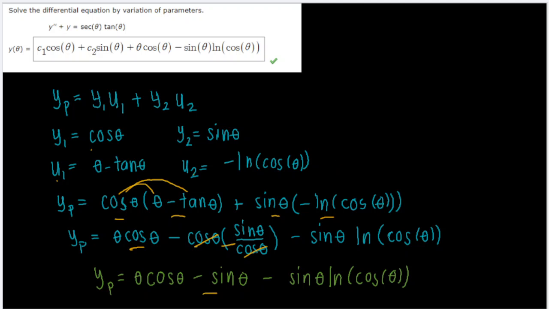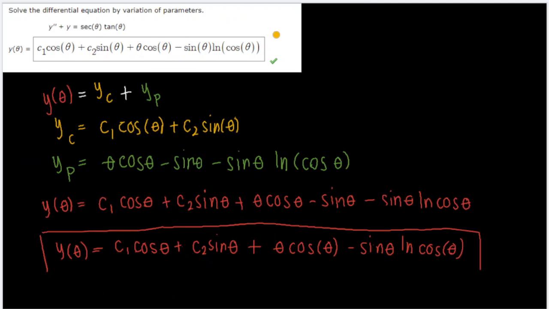Now we found our particular solution and also our complementary function. Let's substitute those into our general equation. This is our yc, the complementary function, and this is our yp, the particular solution.